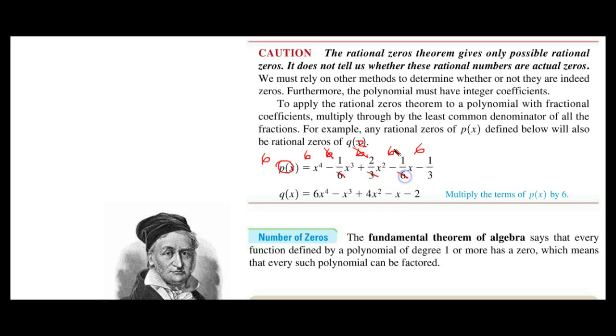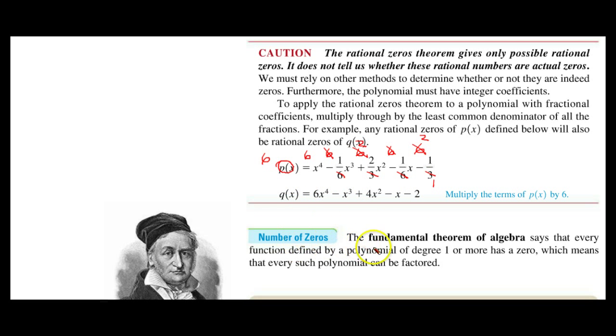Here the 6's just cancel out, and we get a negative 1x. Here the 3 cancels, with the 6 we get a 2. And there's our new equivalent equation that instead of having fractions in it now only has integers as coefficients.